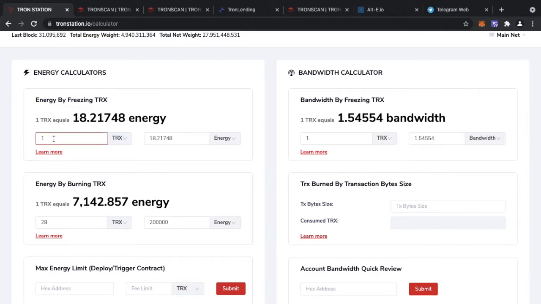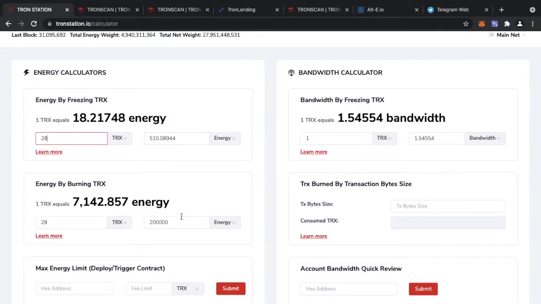If I was to freeze that same 28 Tron, that would yield me 510 energy. So obviously we can see that freezing the same amount of Tron doesn't yield the same amount of energy. And the reason for that is the whole point of the Tron Foundation implementing this freeze function is for people to lock up as much Tron as possible to limit the amount of supply in the marketplace.